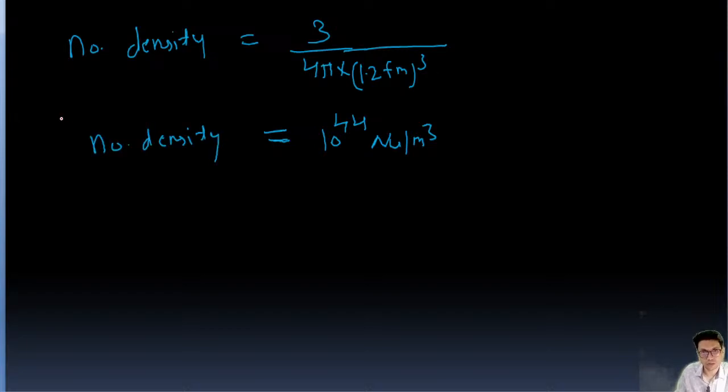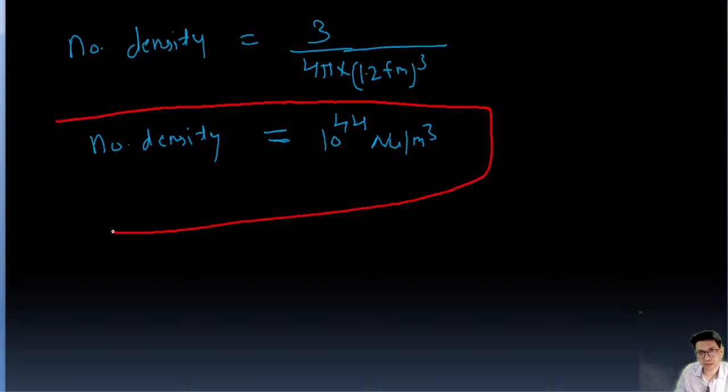So this can be asked, guys, in the examination. The number density for the nucleus is almost equal to 10 to the power 44 nucleons per meter cube. In 1 meter cube there are 10 to the power 44 nucleons. That is the number density, guys, very important thing.